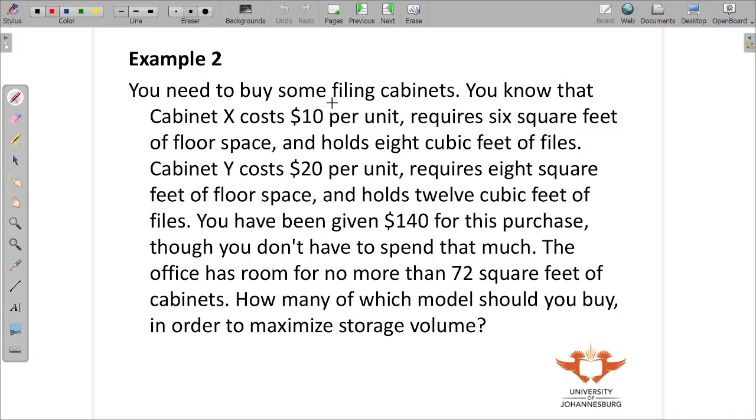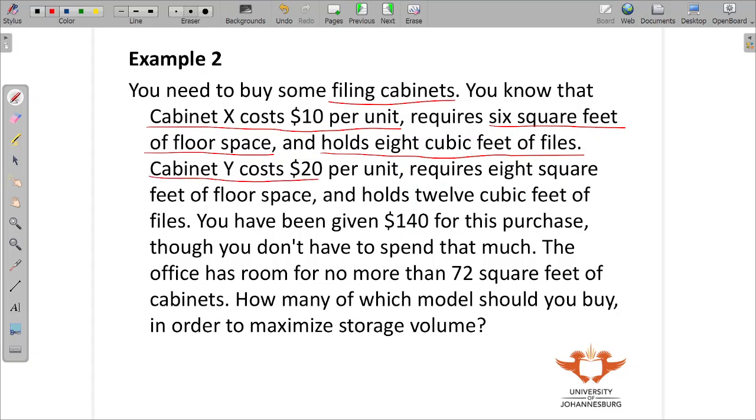We need to buy some filing cabinets. Cabinet X costs $10 per unit, requires 6 square feet of floor space, and holds 8 cubic feet of files.